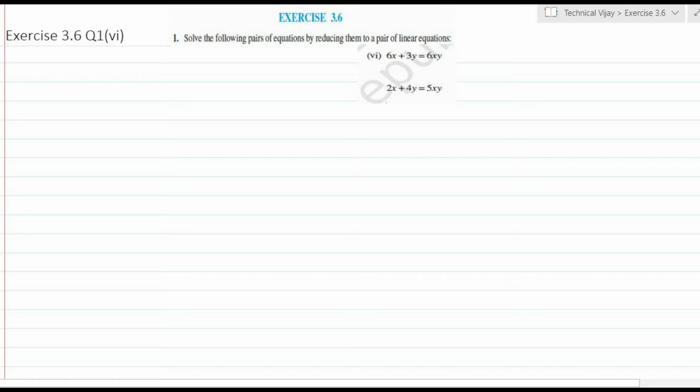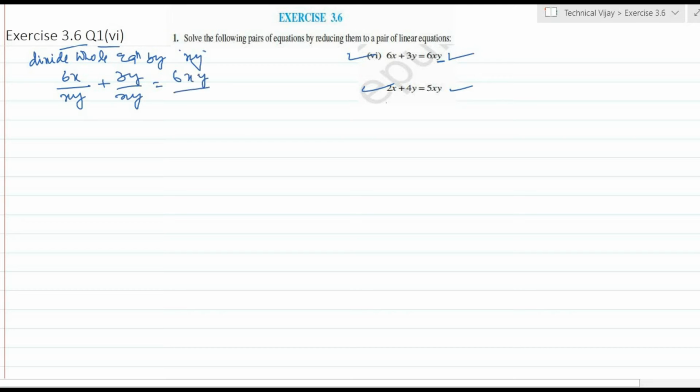So here 3.6, question number 1 in the sixth portion. 6x plus 3y is equal to 6xy, 2x plus 4y is equal to 5xy. See here, this is also the same as we have done in the last question. Here xy is there, so we will divide the whole equation by xy. Then what happens? 6x divided by xy plus 3y divided by xy is equal to 6xy divided by xy.